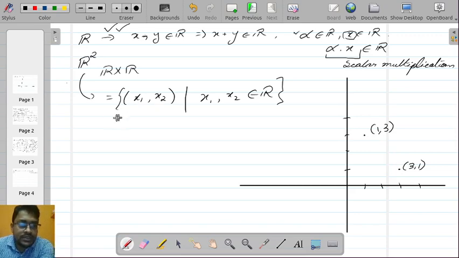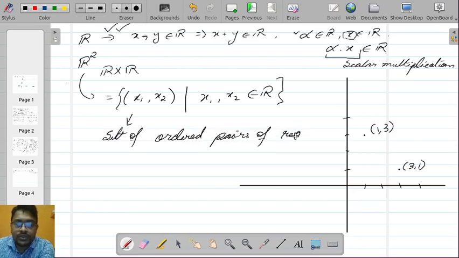So that is why this is called a set of ordered pairs of real numbers. Pair, because there are two components or two coordinates here, first coordinate, second coordinate, and ordered, because the order is important.